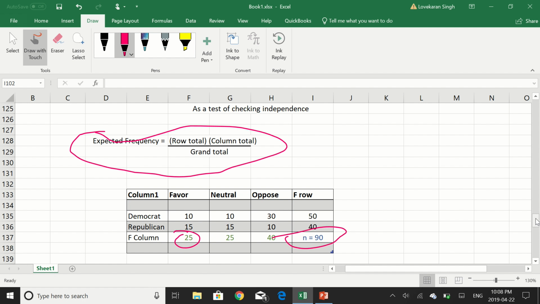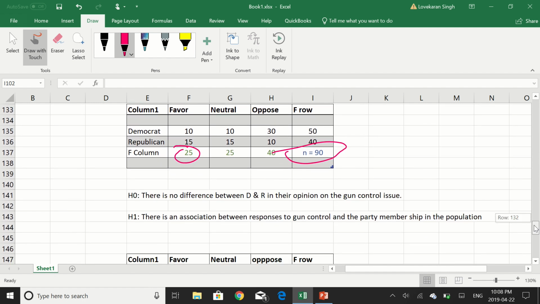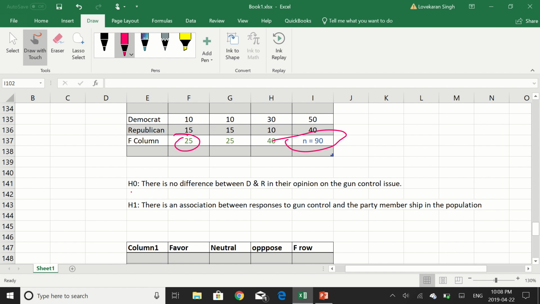Moving further, these are our conditions. The null hypothesis is that there is no difference between Democrats and Republicans in their opinion on the gun control issue, and the alternative is that there is an association between responses to gun control and party membership in the population.